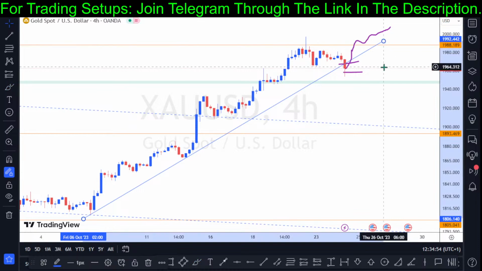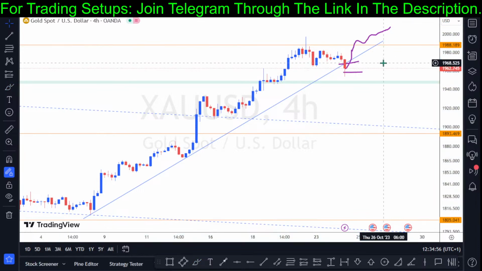As well, if you are looking for a buy opportunity on EUR/USD, I see no reason why you should be selling gold, because if you are selling gold, it means technically you believe the US dollar is strong. And if you are buying GBP or Euro against the USD, it means you believe the USD is weak. So if you are buying GBP or Euro and at the same time selling gold against the USD, then you are trading against yourself. Don't trade against yourself, right?